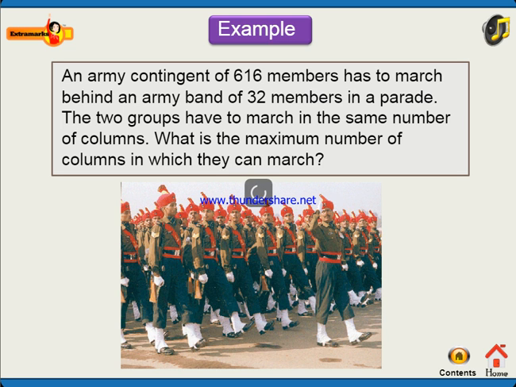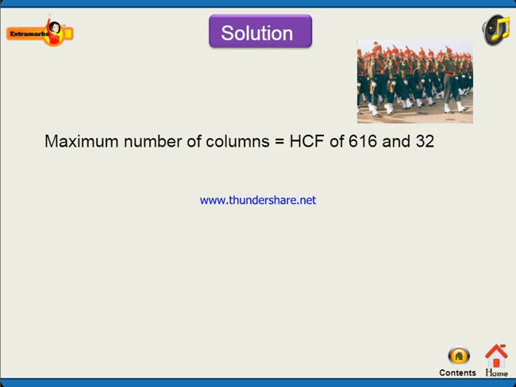Let us work out another example. An army contingent of 616 members has to march behind an army band of 32 members in a parade. The two groups have to march in the same number of columns. What is the maximum number of columns in which they can march? Solution.